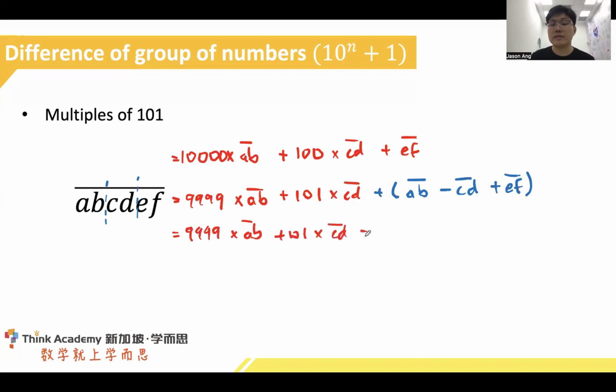But if we look at the numbers at the back, we focus on summing every alternate pair of numbers. So we're going to add AB plus EF, but then we are subtracting CD. So we see here, EF plus AB, then we are subtracting away just this CD alone.